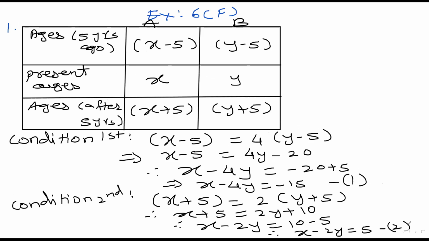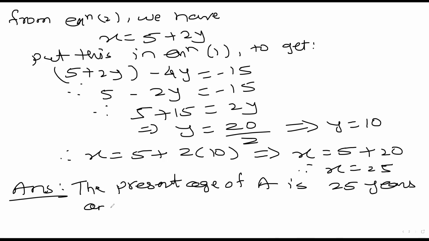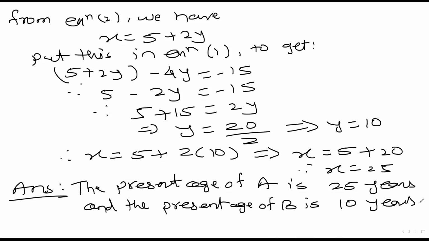Look here, we assumed x for the present age of A. And the present age of B is 10 years. Very good. Got it?